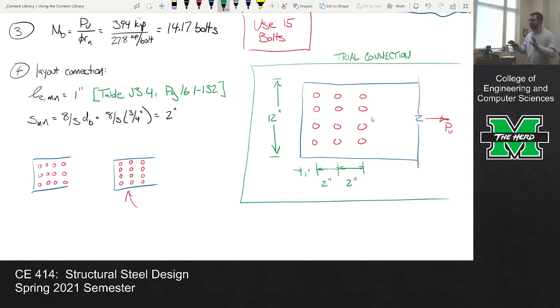Okay, I want to take a second and stop and see if anybody has any questions before we get into bolt bearing. Everybody's kind of quiet today, so I want to make sure this is making sense.